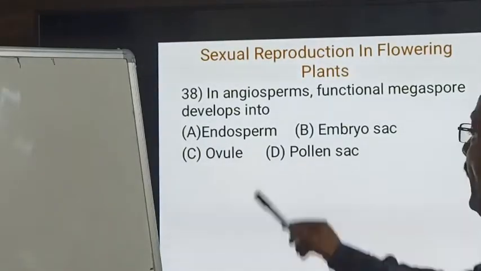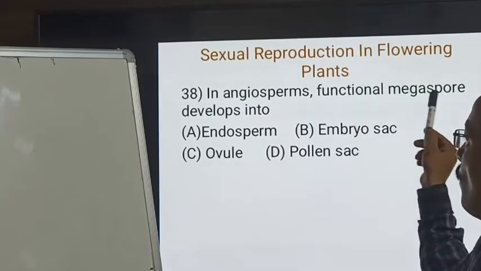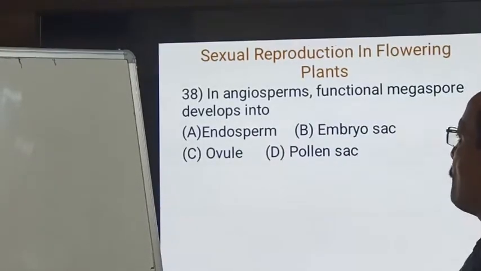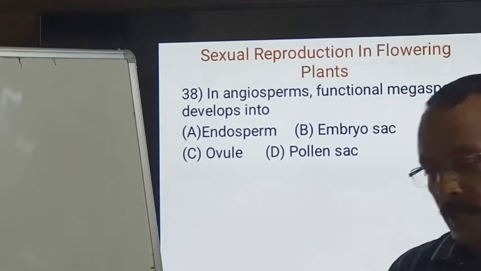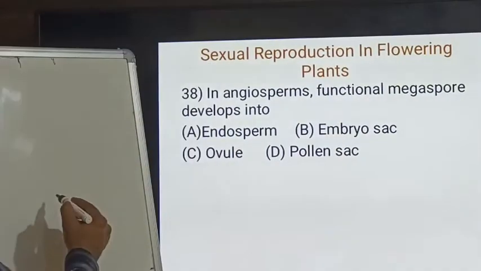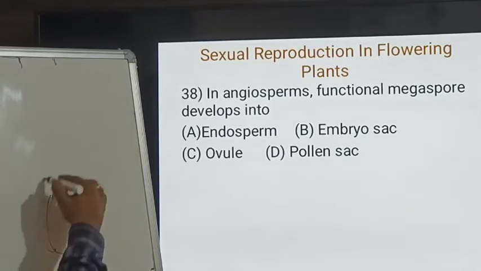Next question. In angiosperms, functional megaspore develops into. So we have discussed earlier. So this is the ovule.